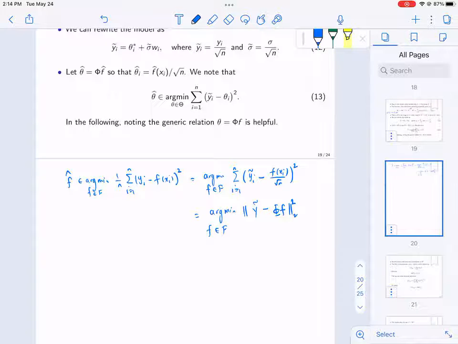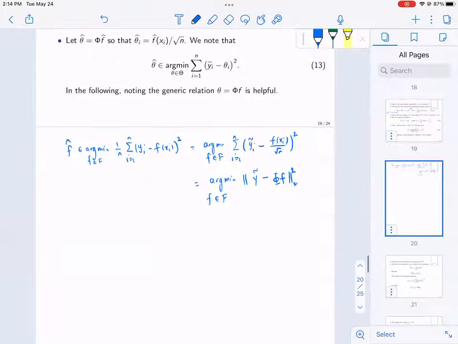And as f varies in the class, if I look at phi of f hat, phi of f hat would be basically the argmin of y tilde minus phi of f, as f varies in the class.